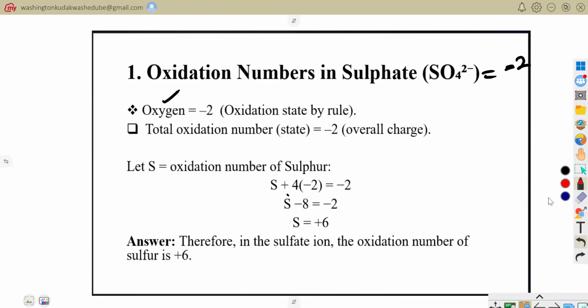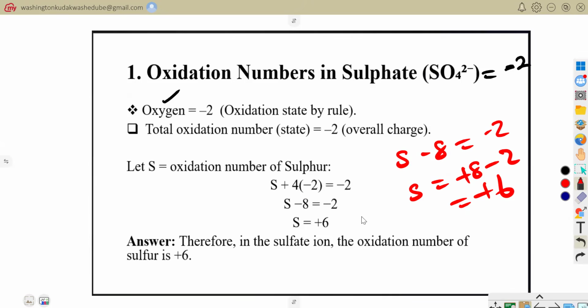To solve for this, we transpose to the other side. So if I have S minus 8 is equal to -2, S would be equal to +8 minus 2, which is just +6.